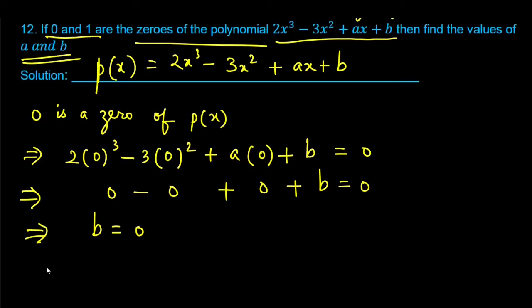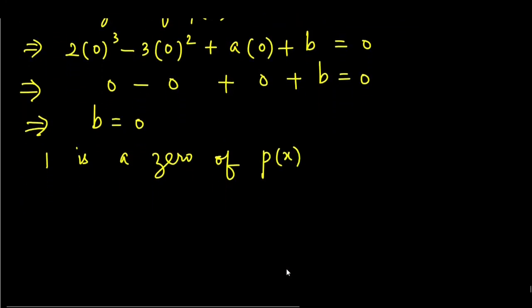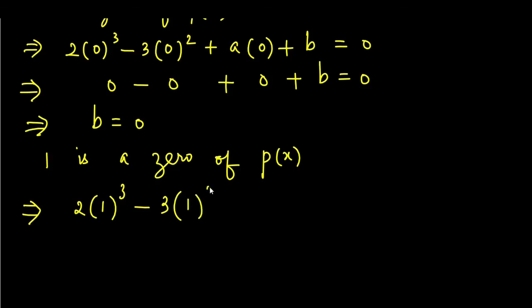Now, second case, 1 is a 0 of p of x. Now let us find p of 1 and equate it to 0. P of 1 is 2 into 1 cubed minus 3 into 1 square plus a into 1 plus b. It is equated to 0.